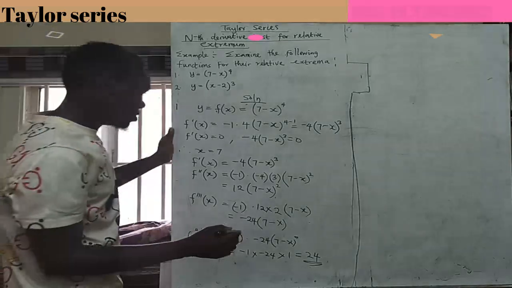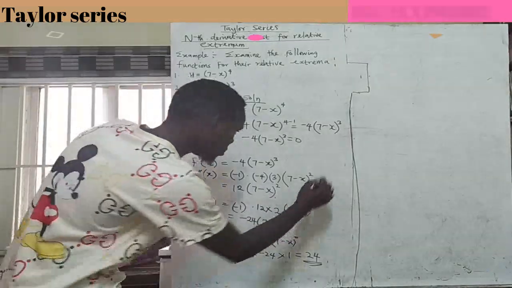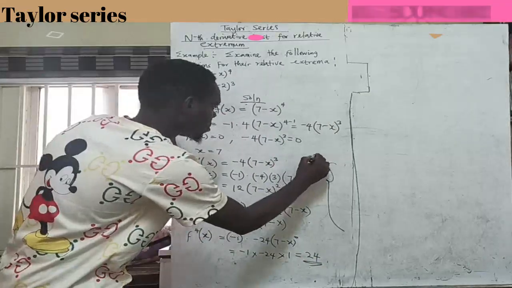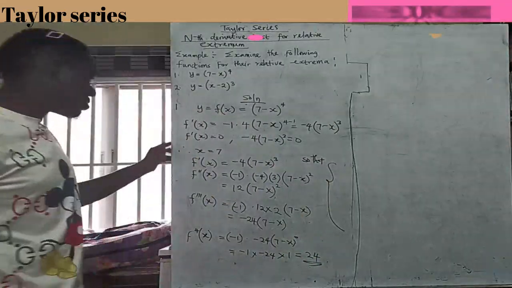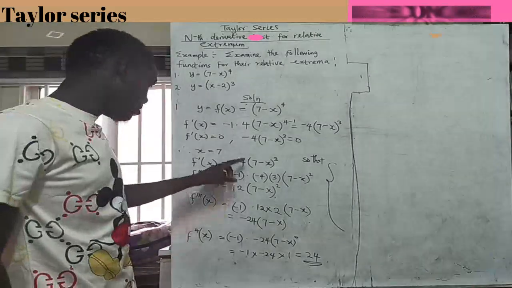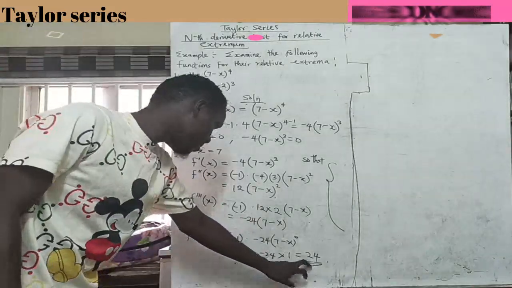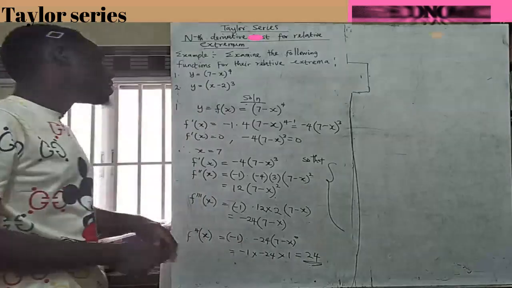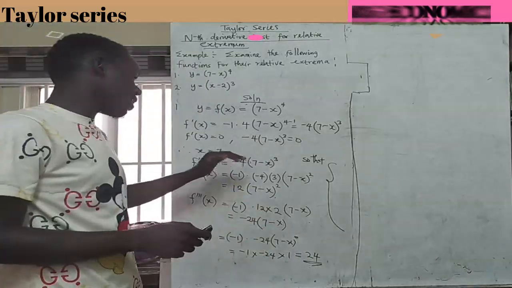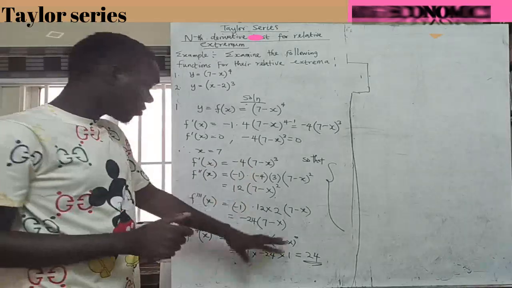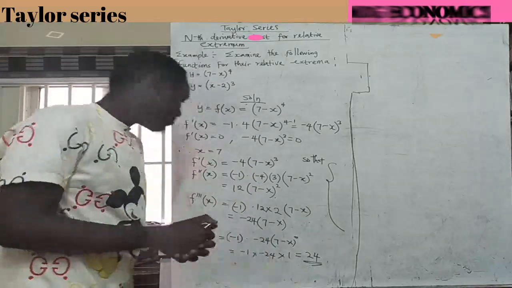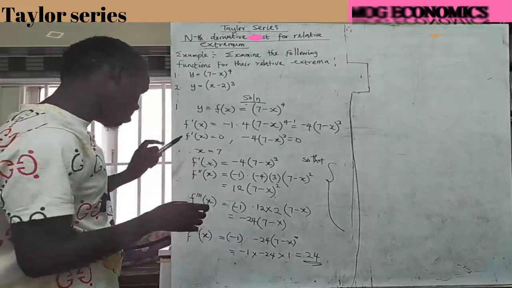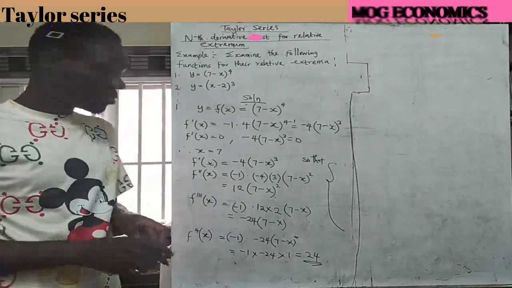Looking at this last value, the fourth differential, we have to differentiate up to the fourth order for us to decide if this is a relative minimum or maximum.